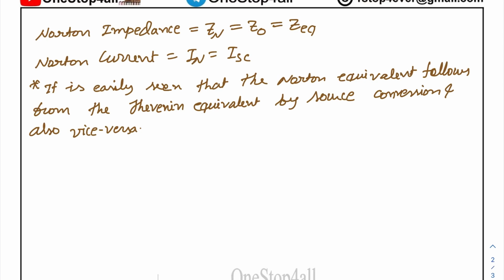So vice versa, obviously what we can write, Zn जो नॉर्टन इक्विवेलेंट इम्पीडेंस है दैट विल बी इक्वल टू थेवेनिन इक्विवेलेंट.